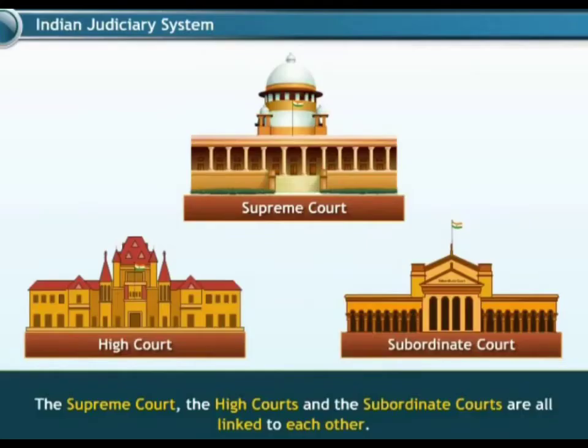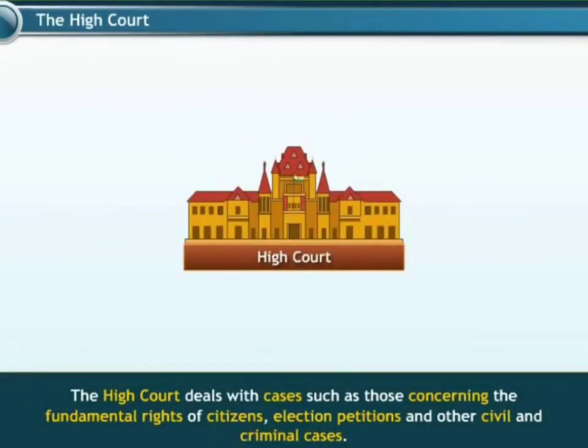Next, the Supreme Court, the High Court, and the subordinate court are all linked to each other. They are linked with each other, but they cannot interfere in the work of each other. Okay, they all are independent bodies, especially the Supreme Court. The High Court deals with cases concerning the fundamental rights of citizens, election petitions, and other civil and criminal cases also.